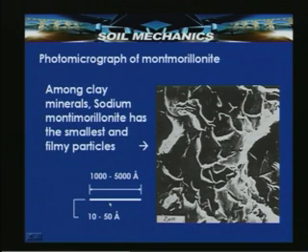The approximate montmorillonite particle size is from 1000 to 5000 angstrom units, and its thickness is only 10 to 50 angstrom units. 1 angstrom unit, we said, is 10 to the power of minus 10 meters. So, among the clay minerals, sodium montmorillonite has the smallest, very tiny particles, with a filmy, gel-like appearance, as can be seen from the photomicrograph.